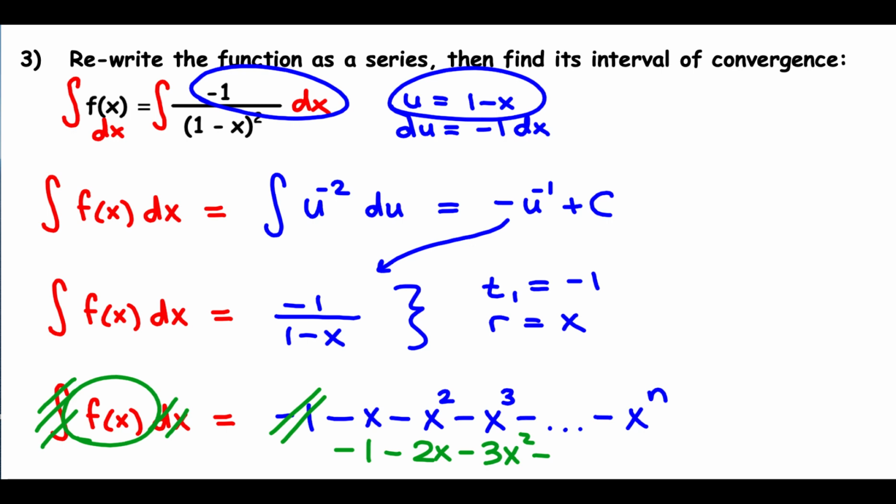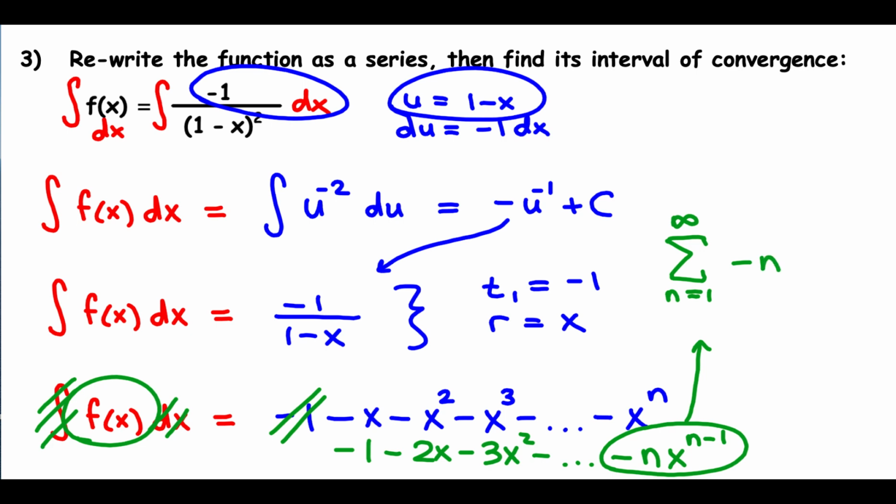And so the generic term at the end is going to be minus n x to the n minus 1. And we can use that generic term to write this as a series. I'll do that up here. All right, we're going to go from, in this case, 1 to infinity. I'll show you why in a moment.